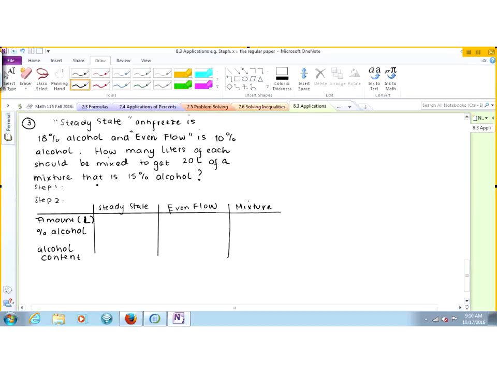Do we know? No. So we call it S. So S is the amount of steady state. What letter do you want to use for even flow? So E is the one for even flow, the amount of even flow.